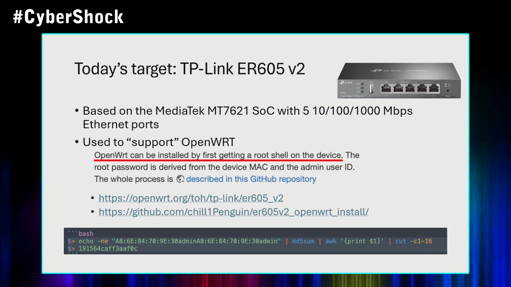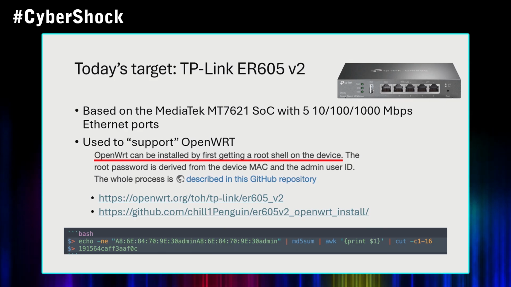In the recent past, it used to support OpenWRT, in a way that, of course, it was designed for it. And on the OpenWRT wiki page, you could find a guideline for rooting the device if you want to install OpenWRT on it. It led you to a GitHub repository that explained that all you have to do is SSH into it.